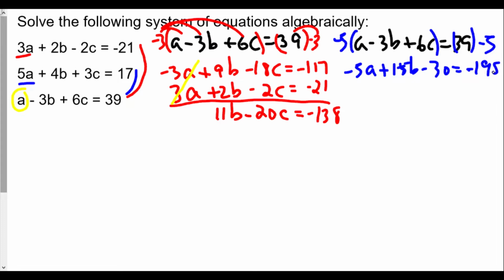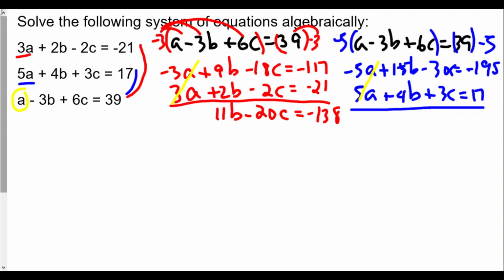Okay, and so we're going to add that to the second equation, which is 5a plus 4b plus 3c. Oh, I forgot to put a c here. Plus 3c equal to 17. And we'll add downwards. Again, we see the a's cancel out, the -5a and the +5a.